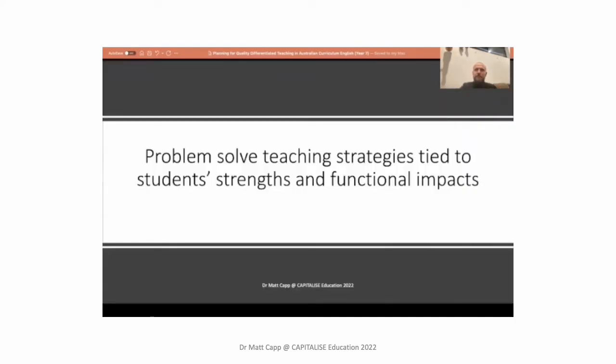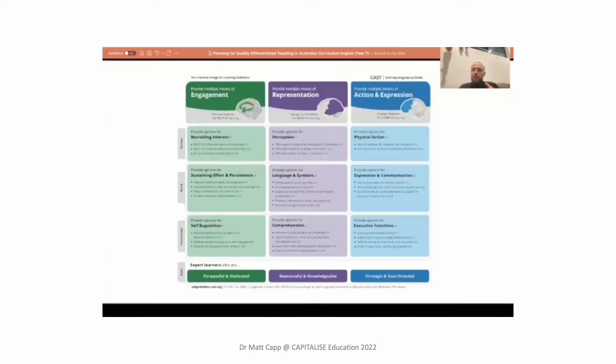Now that we've identified our common characteristics, our associated strengths and functional impacts, we need to problem solve around strategies that we can tie to those. And this is where the UDL framework becomes very useful. The UDL framework is not a set of strategies, but a problem-solving tool that when we think about our students' strengths and functional impacts, we can look at the framework and solve around strategies that can be used to target those.